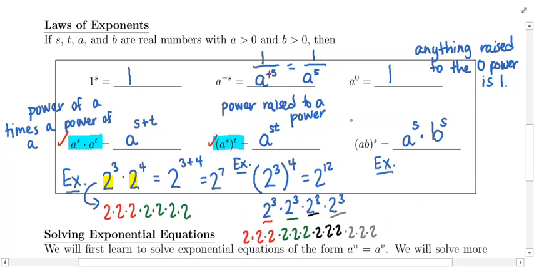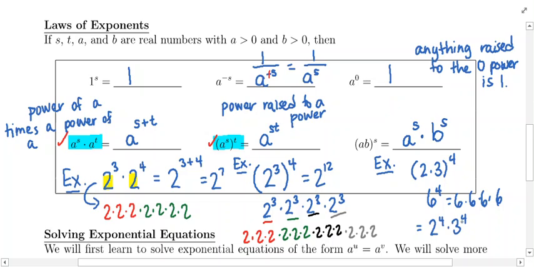I guess an example of this one, let me make something up. If we had 2 times 3 in parentheses, and then we raised that to the fourth power, probably your best bet would be doing what's in parentheses first to get 6, and then raising that to the fourth power and doing 6 times 6 times 6 times 6 to get an answer. But it is equivalent to doing 2 to the fourth times 3 to the fourth and working it that way.